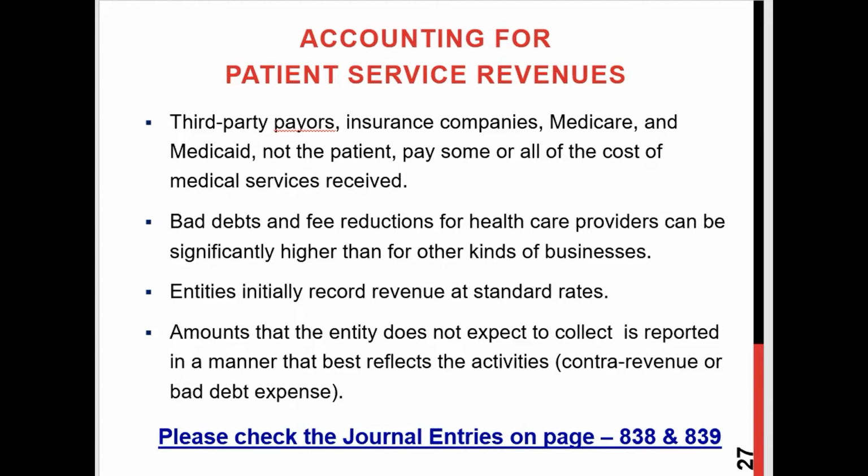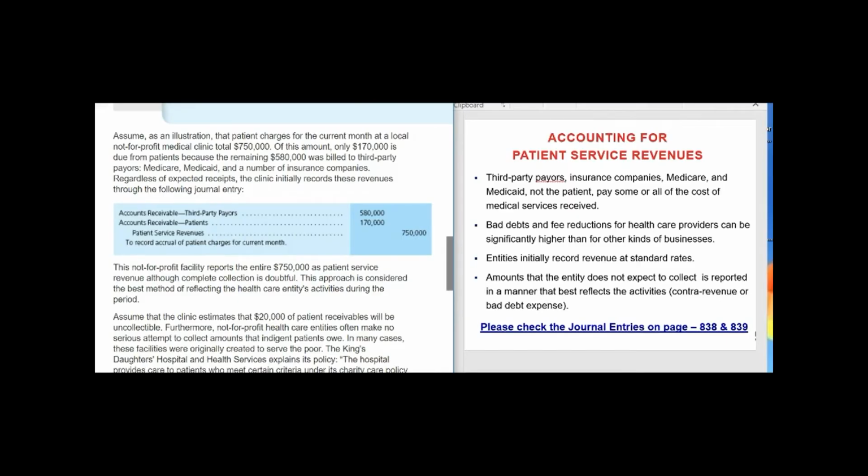So now we will see some examples, and those examples are from your page numbers 838 and 839. I will show my ebook and we'll go over some transaction examples and some journal entries. Now let's see one example. It's from page number 838, and it's the journal entries for a healthcare entity.